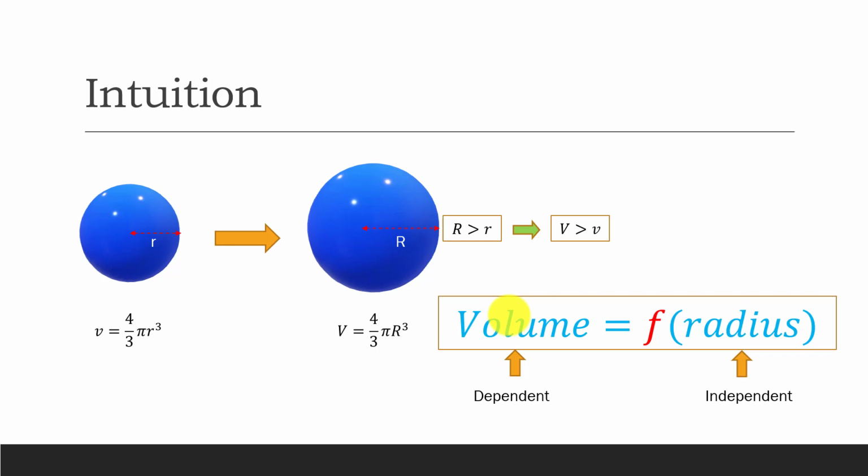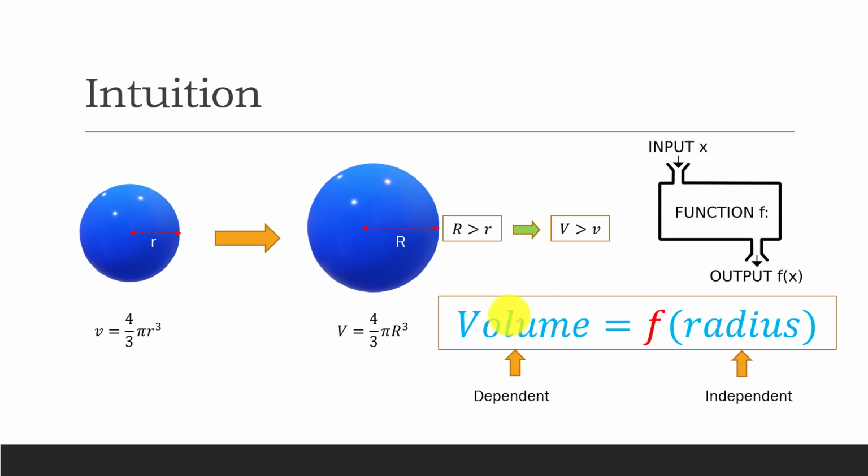In very simple terms, we can define a function as a box or some process where we provide some input, in this case the radius, and it provides some output to us, which is the volume in our case. This is an intuitive way of seeing a function.